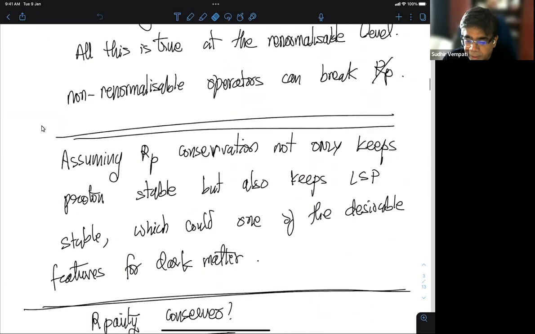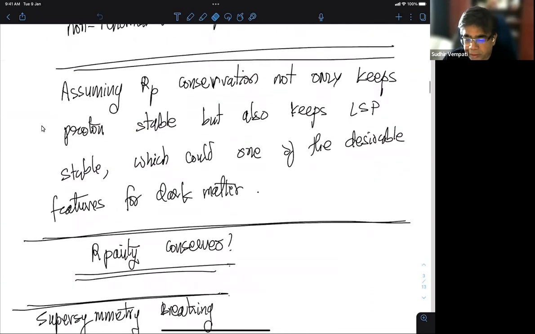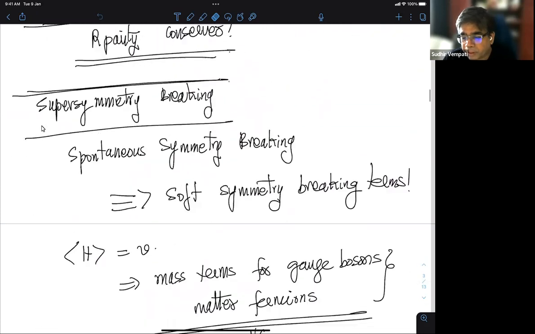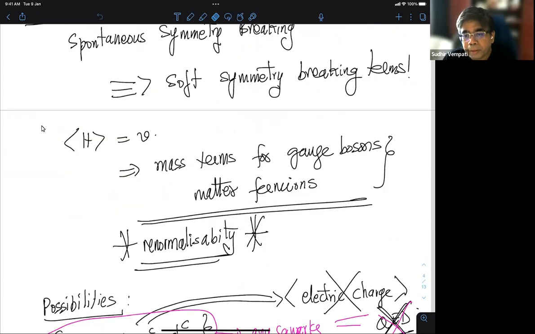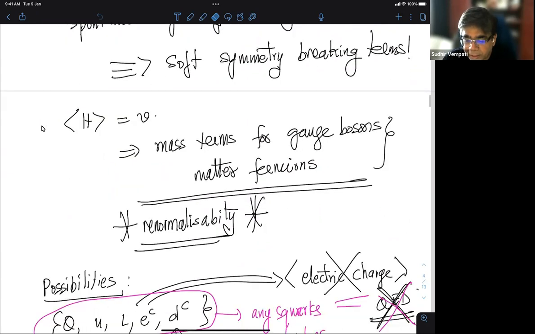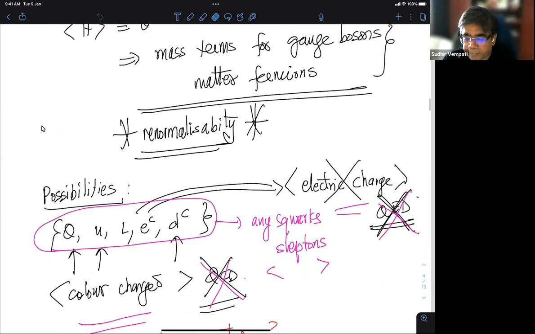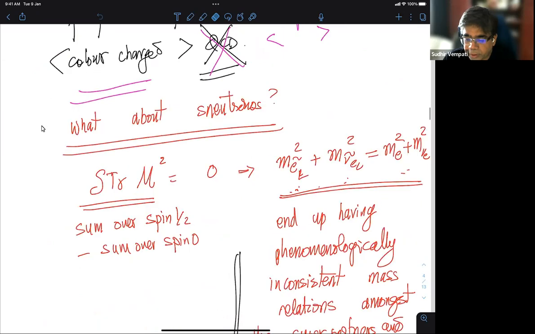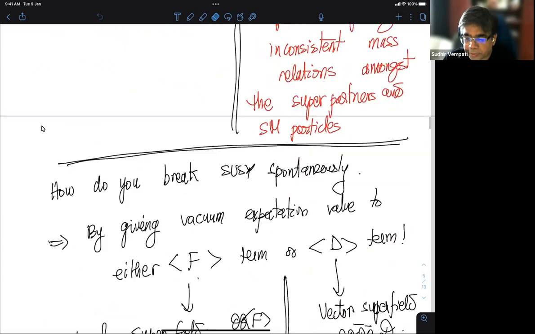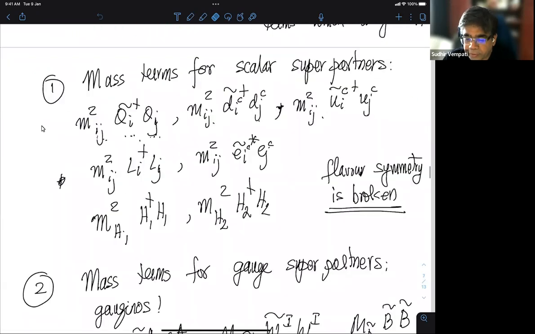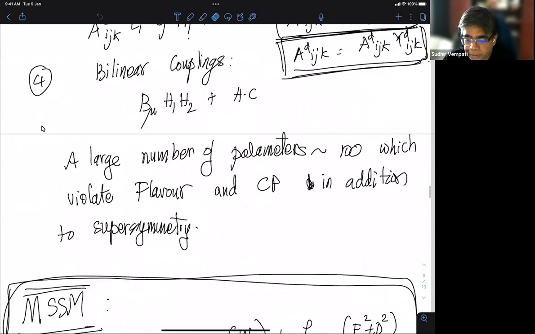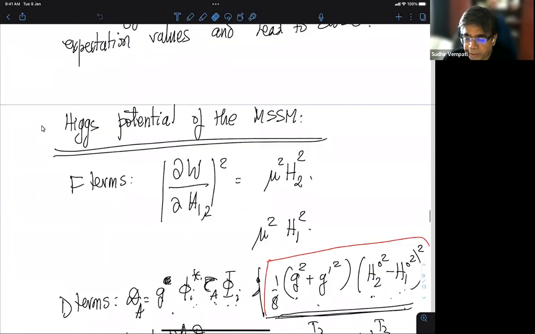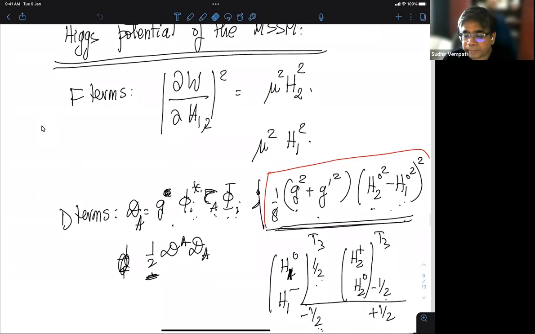Now, once R parity is conserved, we'll consider what are the possibilities of having electroweak symmetry breaking. So we say that the Higgs gets a vacuum expectation value. We talked a little bit about the hidden sectors and so on, so all the soft terms. The Higgs potential, we wrote down the Higgs potential.